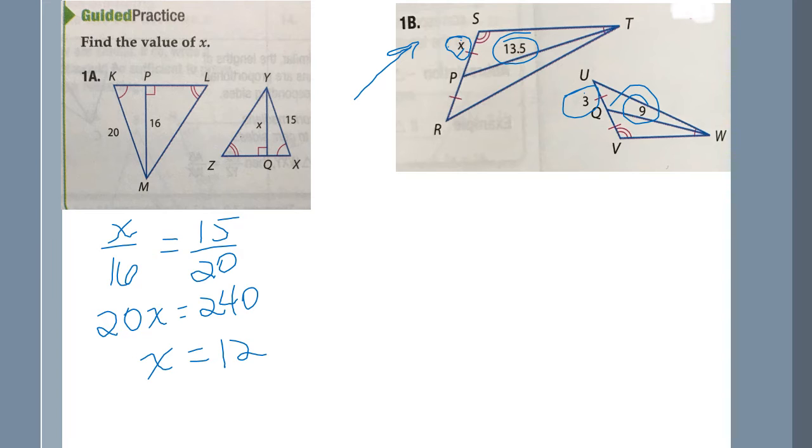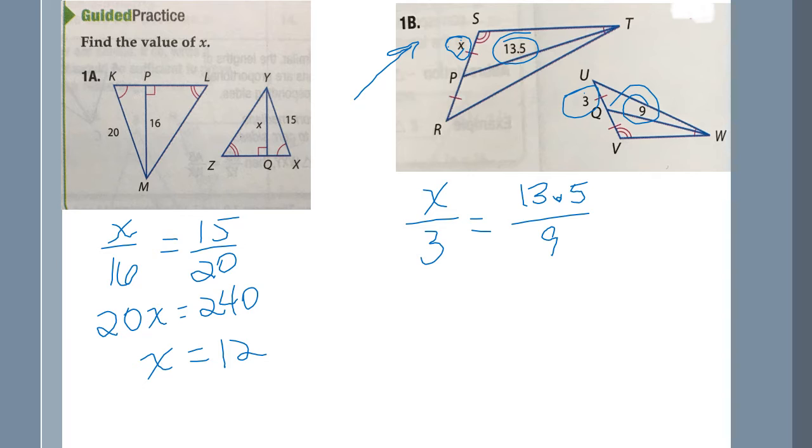So let's go ahead and do that. So x over 3, let's go with x over 3 equals 13.5 over 9.